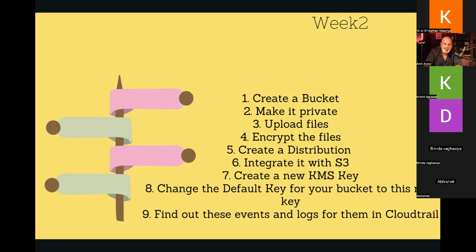Most of the times when attacks happen on an enterprise, it's because those keys are compromised. So we will do another best practice. We'll create our key and tell S3, use this key instead of using your own key.